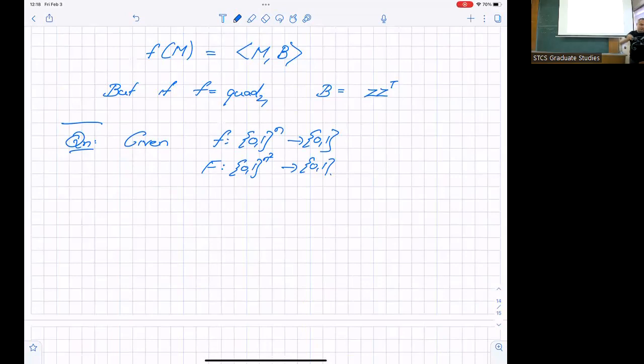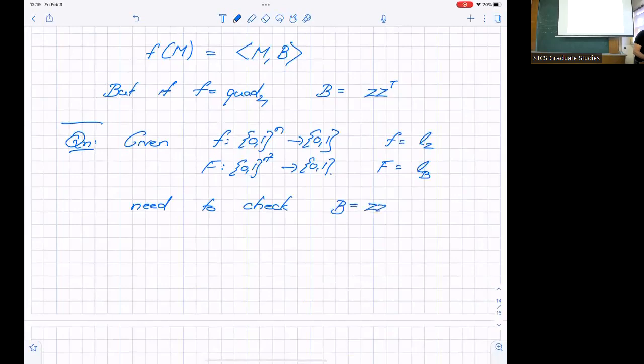So once you have that, you can assume f is L_Z, and you can assume capital F is L_B, linear corresponding to this. Then we need to check that B is actually ZZ transpose, but you don't get to read all of Z or B. You just get to query f and capital F at a few locations, and based on that you need to be able to do this.